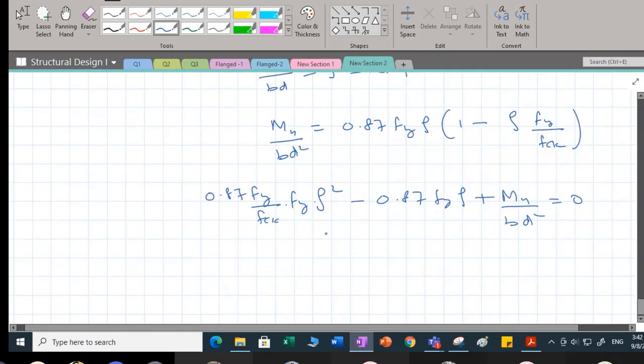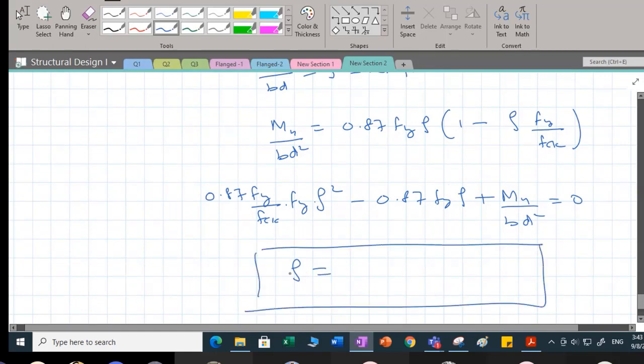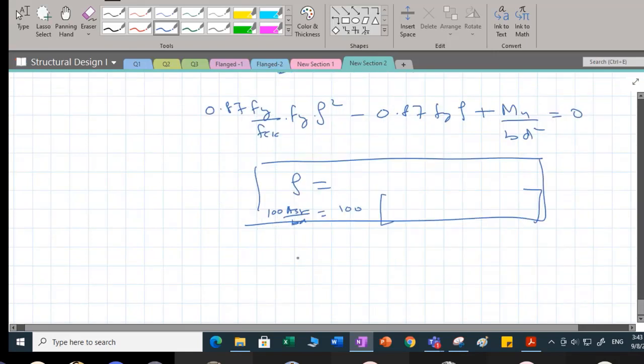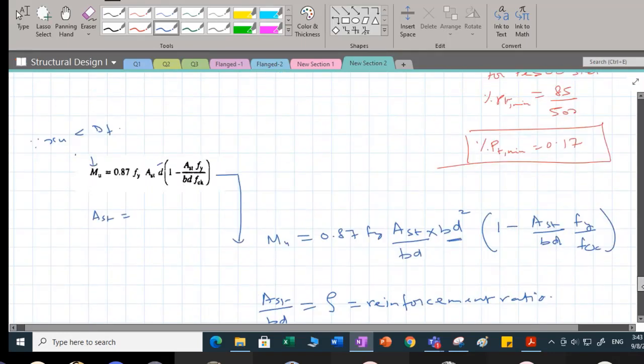Since this is a quadratic equation, you will get rho. Whatever rho you are getting, you multiply by 100, so this 100 AST by BD you can write as the percentage tension reinforcement. And once you substitute everything, you are going to end up with this formula.